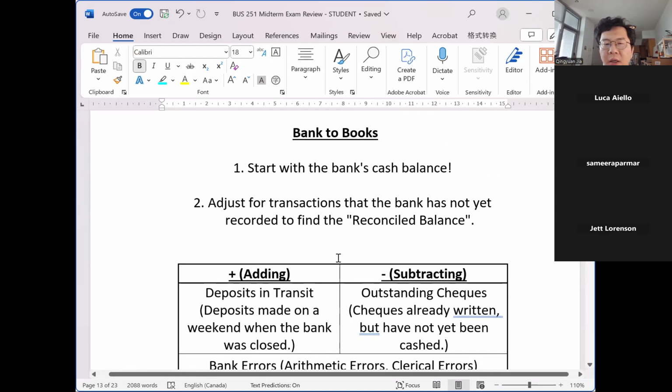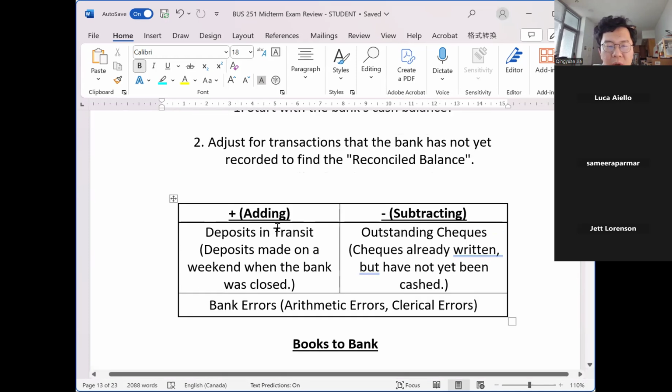And it's always recommended to start with the bank's cash balance, because in this way it will be easier and more manageable, and adjust for transactions that the bank has not yet recorded to find the reconciled balance.